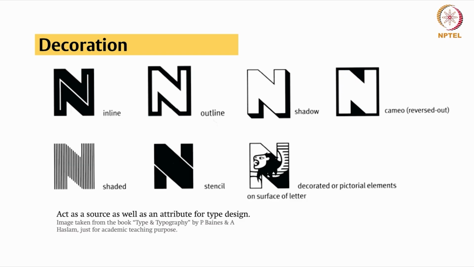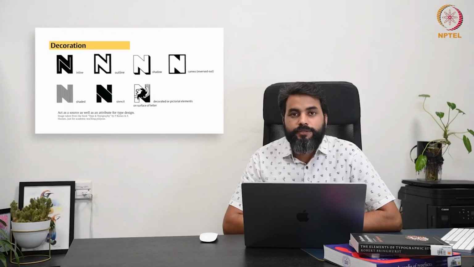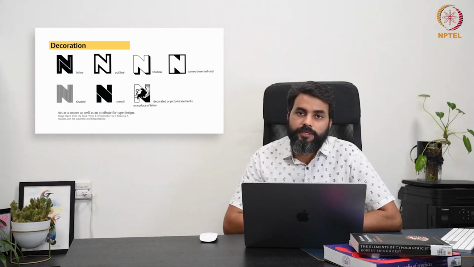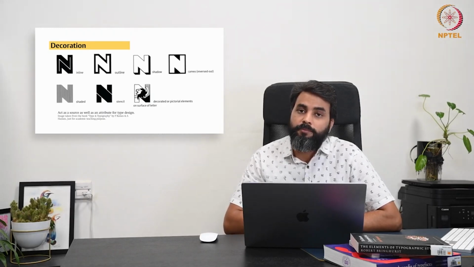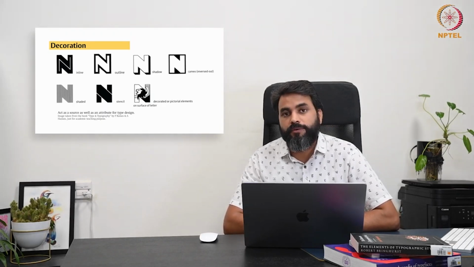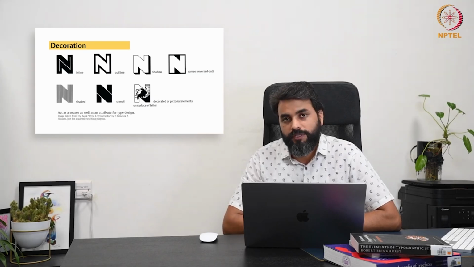This decoration also brings a lot of variation within the letterform and within the font family. Clear? We discussed a lot of things in this session, and I hope you will remember the details and concepts we have covered throughout this discussion.